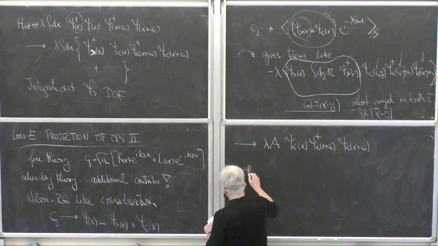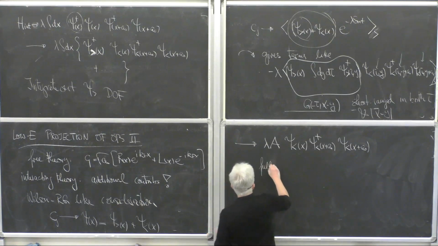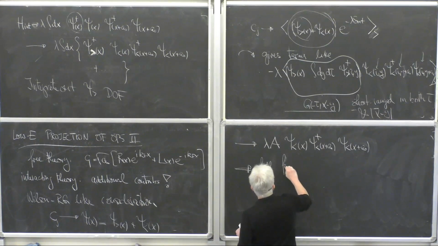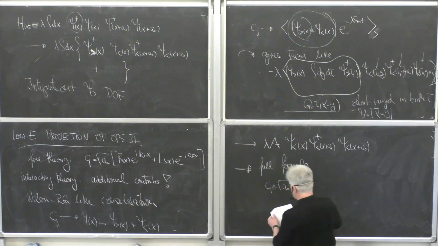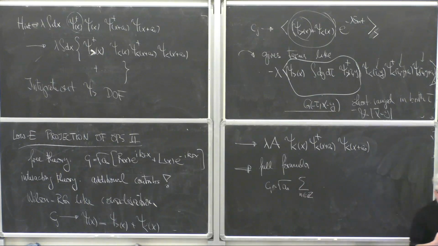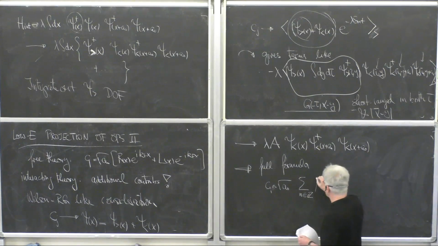So if you carry this out in full, what you find is that c_j is square root of a naught times an infinite sum of terms. Originally we had two, the left and right moving fermions, but now we actually have all the higher harmonics.